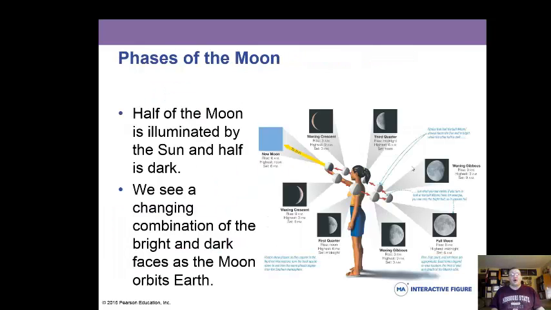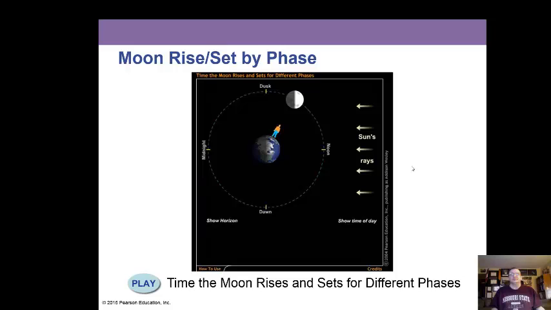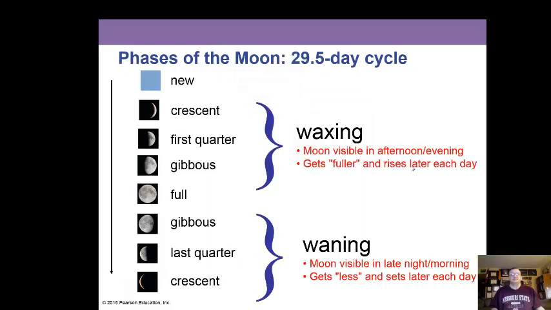Half of the moon is always lit up. Half of it is always dark. And we see a changing combination of the two. So there are 4 main phases and 4 other phases in the cycle of the moon.